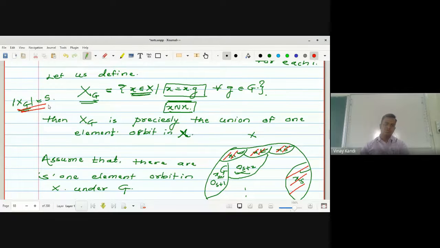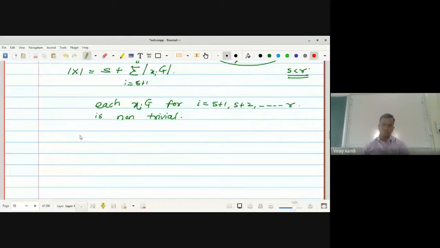So S is equal to the order of Xg. So the order of capital X is the order of Xg plus summation I running from S plus 1 to R of the order of XiG. Number 1. And this is the first form of classification.